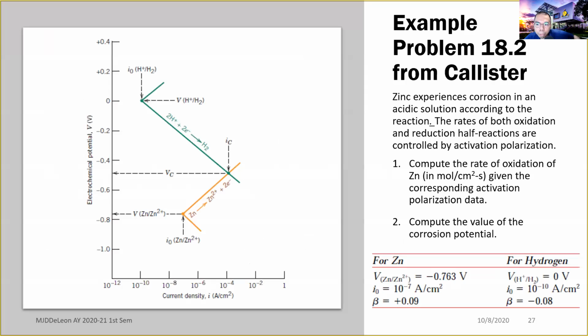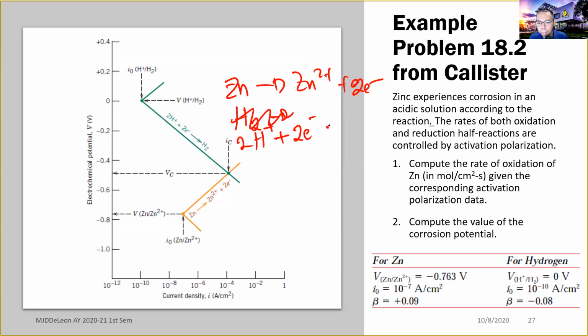So example problem, problem 18.2 from our favorite textbook, Callister. Zinc experienced corrosion in an acidic solution according to the reaction: zinc to zinc 2 plus plus 2 electron minus, and in acidic condition, H plus plus 2 electron minus to form H2 gas.